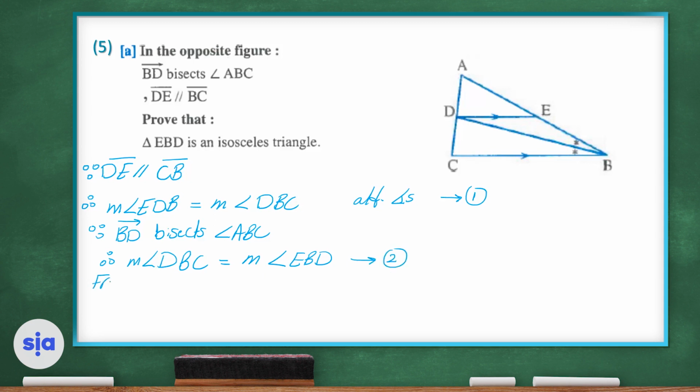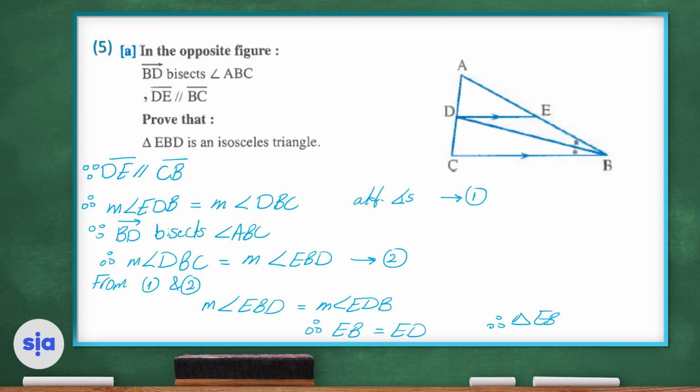So from 1 and 2, we can say that the measure of angle EBD is equal to the measure of angle EDB. So from this, we can also say that EB is equal to ED. That proves that triangle EBD is isosceles.